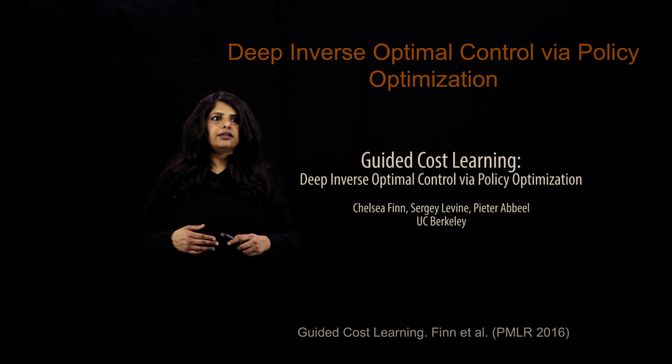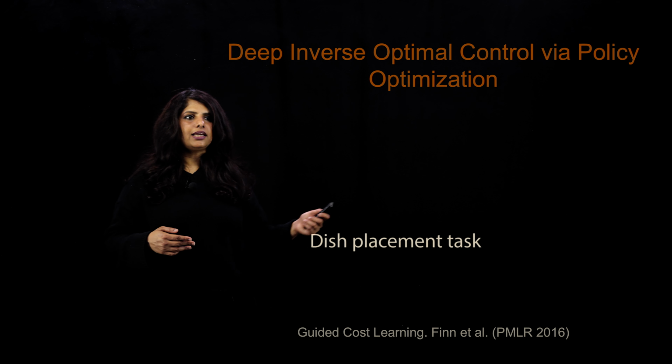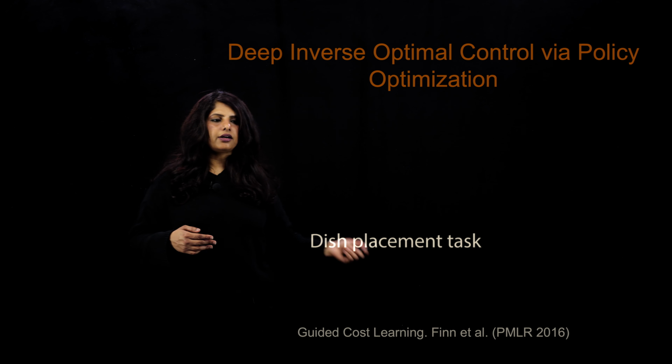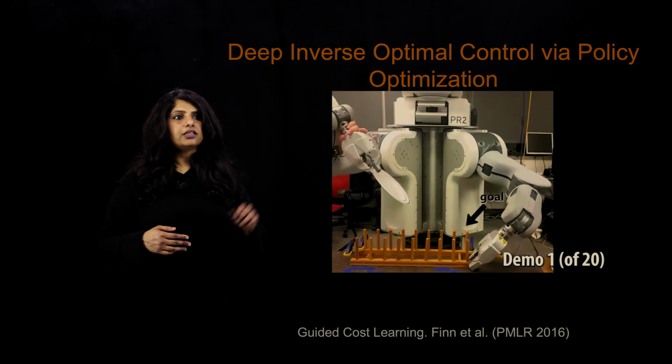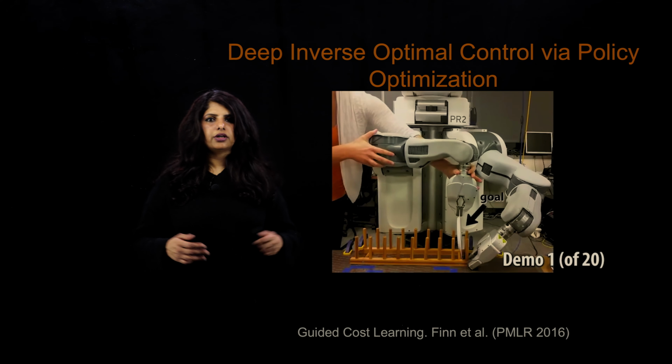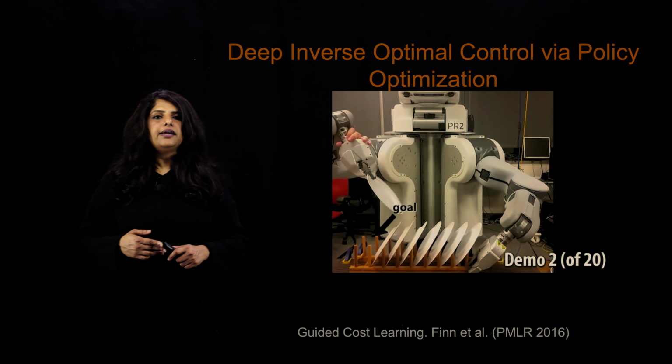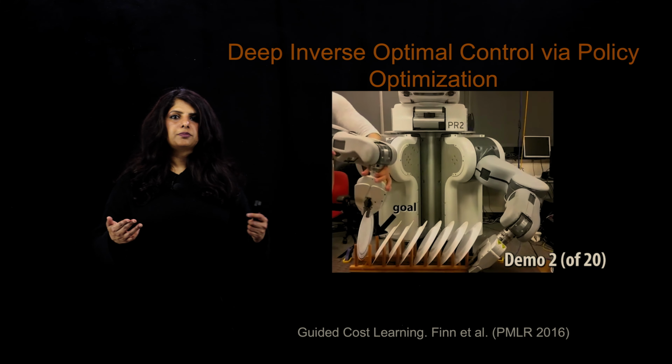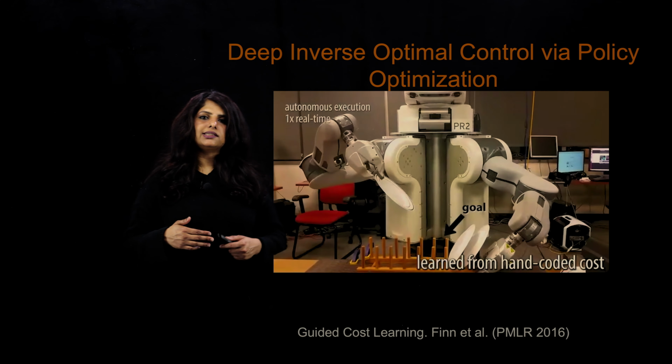With guided cost learning, what we started seeing, for the first time, roughly in 2016, in one of the first projects, was the use of neural networks for reward functions instead of specifying explicit feature-based reward functions.